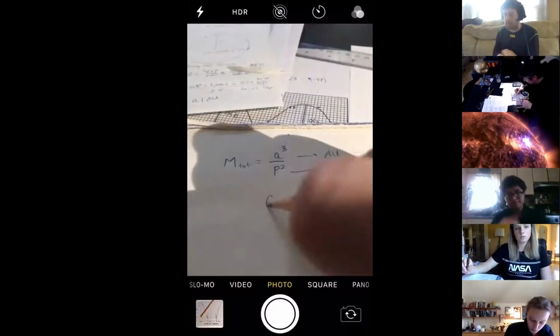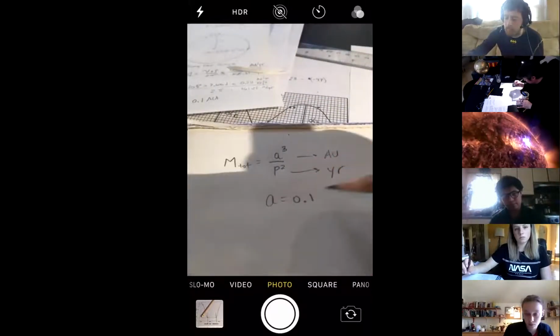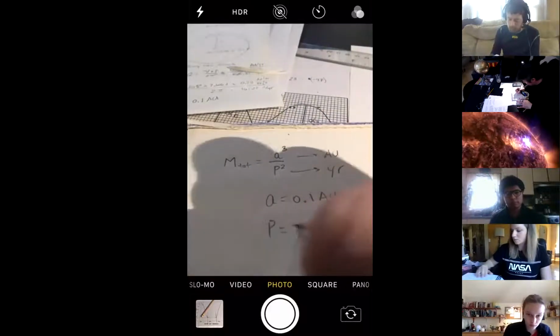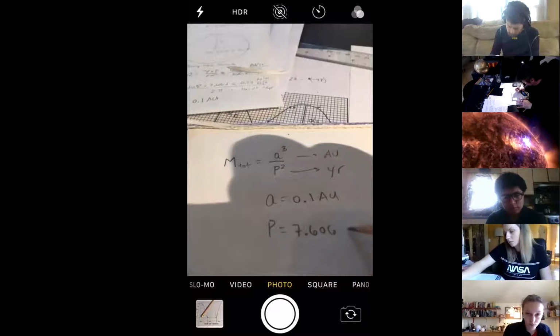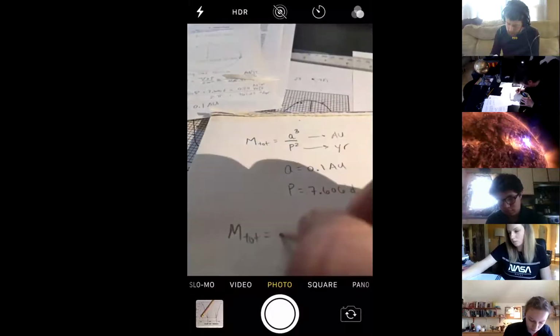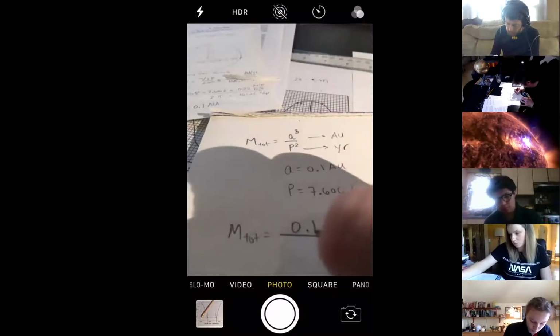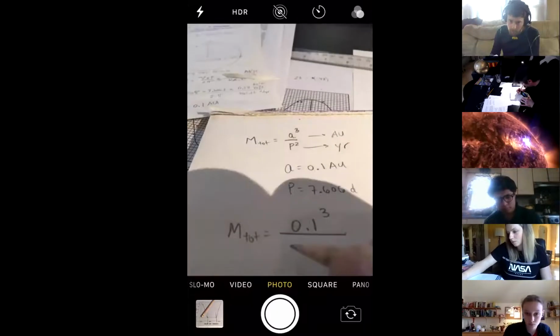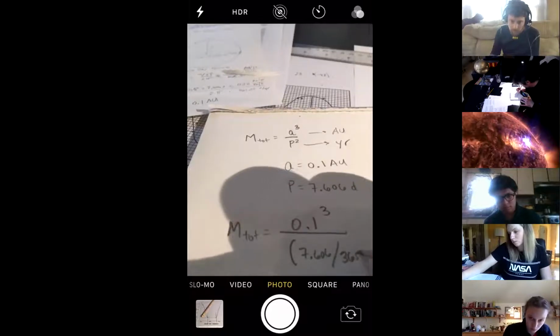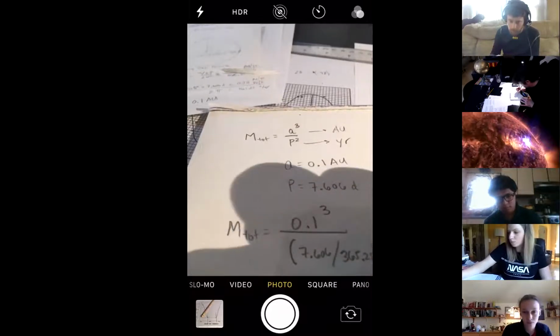My A is 0.1 AUs. My P is 7.606 days. So I'll plug it in as M total is 0.1 cubed divided by 7.606 days over 365.25 squared.